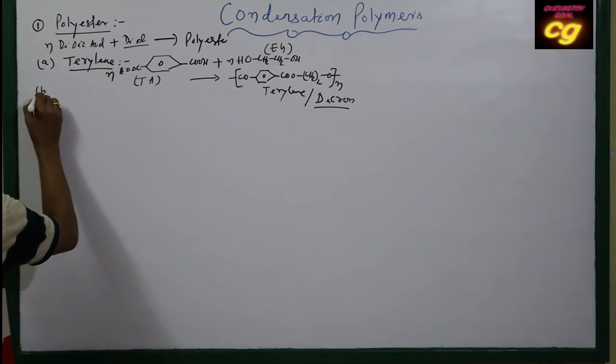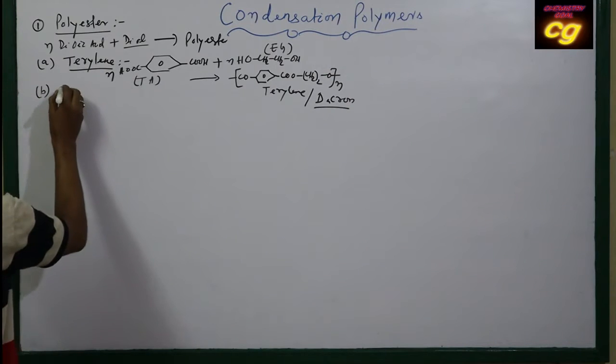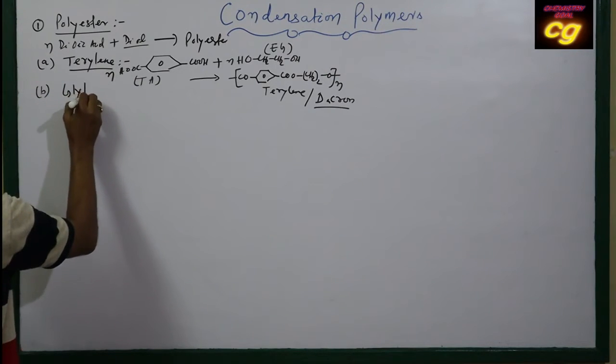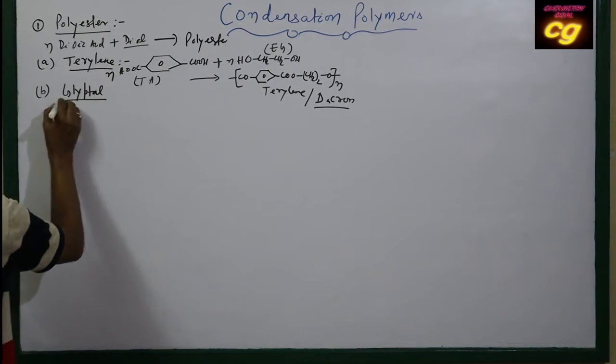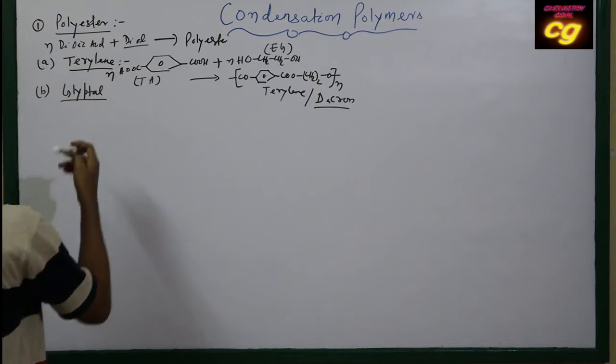Second polyester we can write, that is glyptal. Glyptal is also one example of polyester.